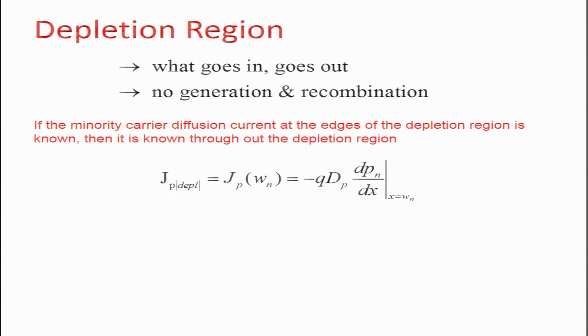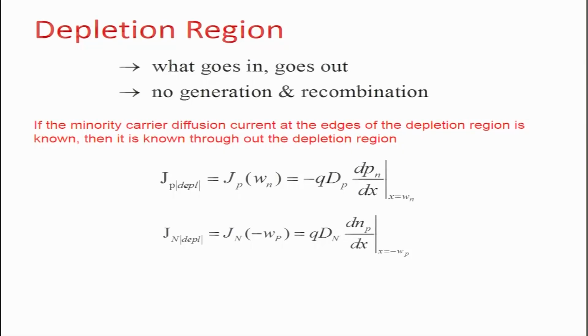Similarly, I can write Jn at the depletion region edge, that is Jn at minus Wp, as q Dn dnp by dx at x equal to minus Wp, right.